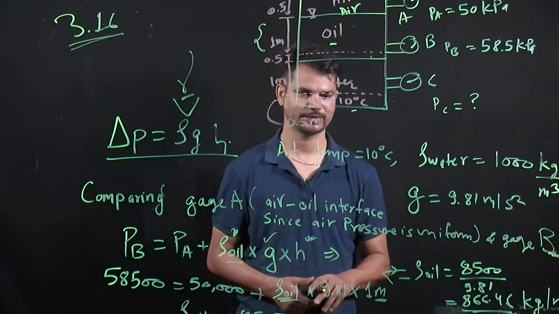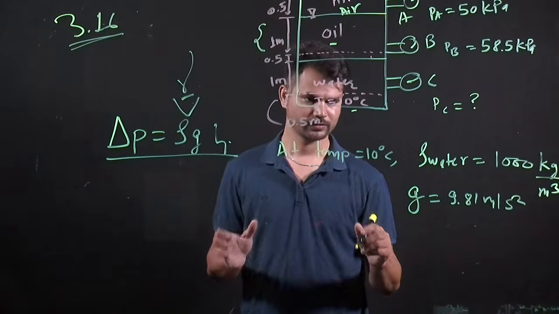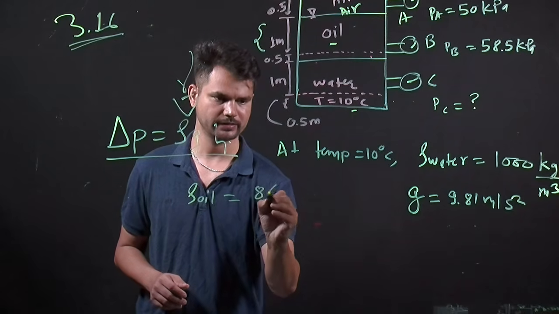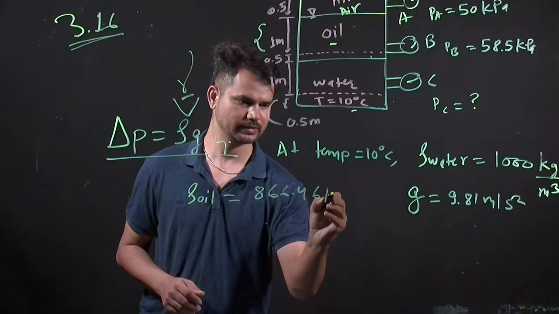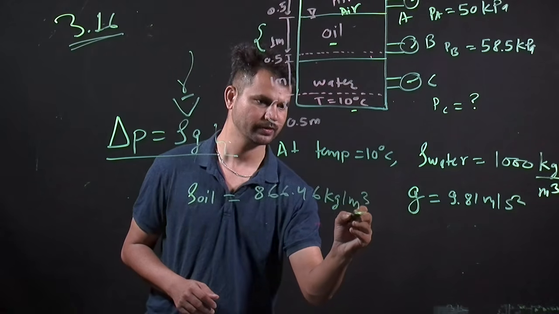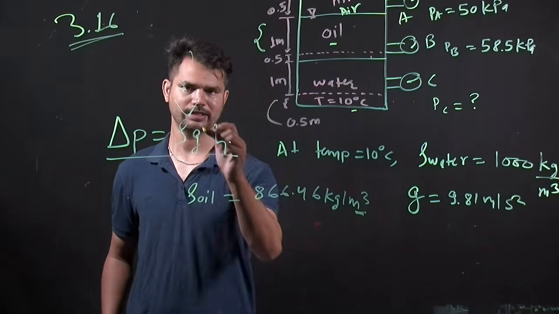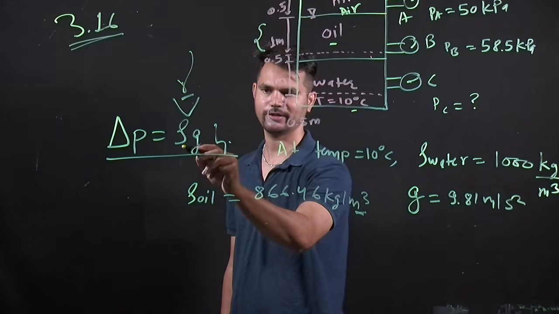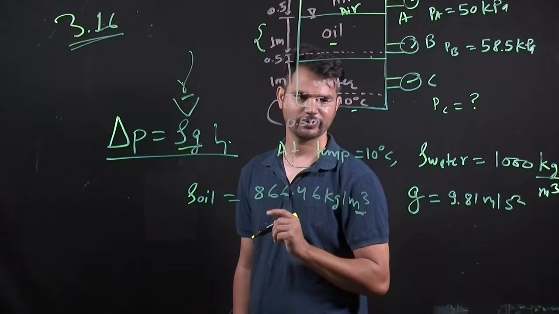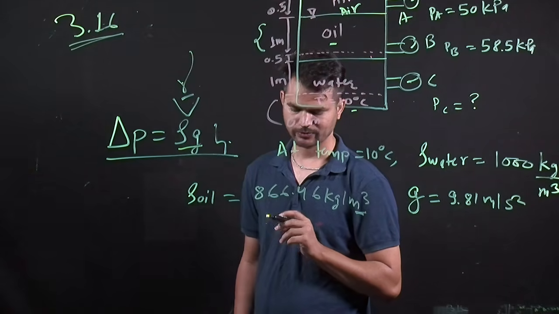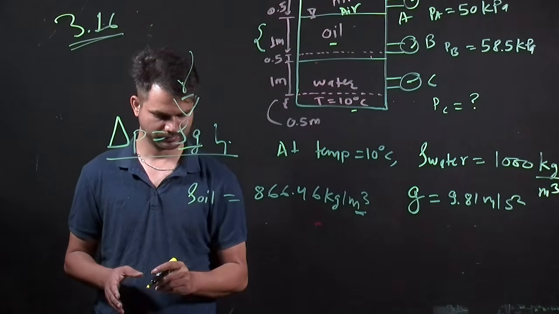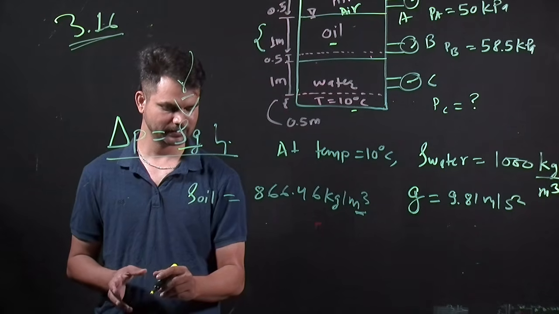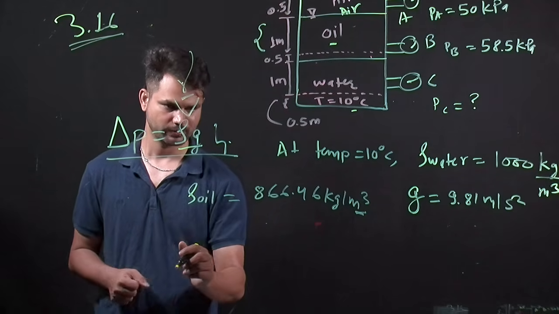And what we know? We computed the density of oil as 866.46 kilogram per meter cube, and I have already mentioned that specific weight is equal to rho g, but we will not be using that here, since we know that specific gravity of oil is the ratio of oil density to water density.